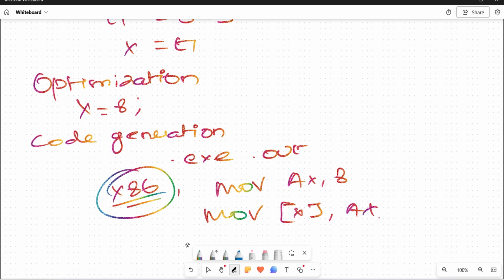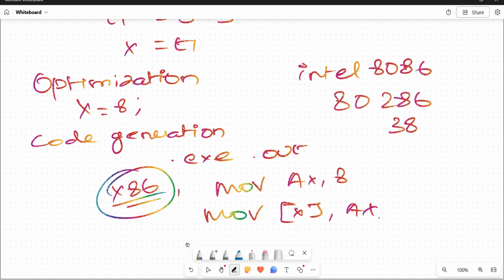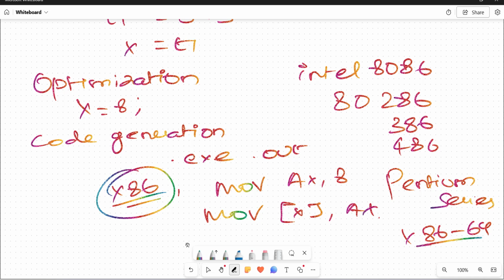When we say x86 instruction, we are talking about instruction written for the processor that follow the x86 architectures, like Intel 8086, or series like 80286, 386, or 486, or even the Pentium series, and even some modern CPUs, they have versions like x86 and 64 versions.